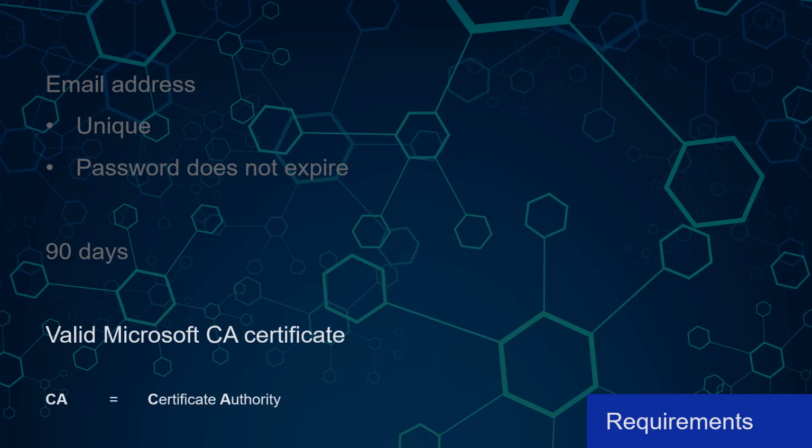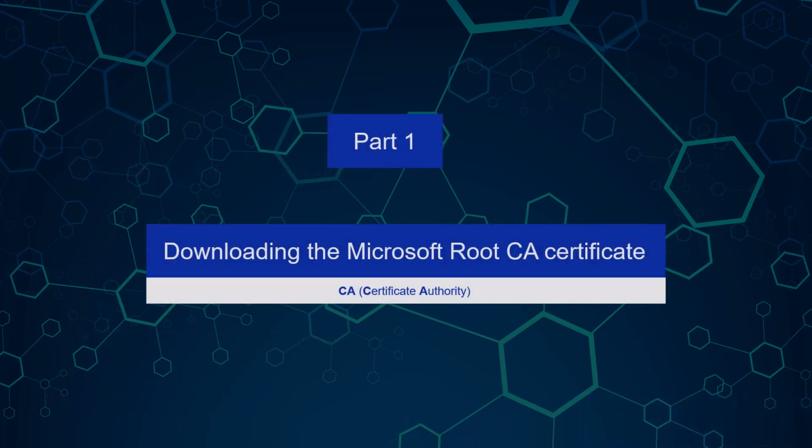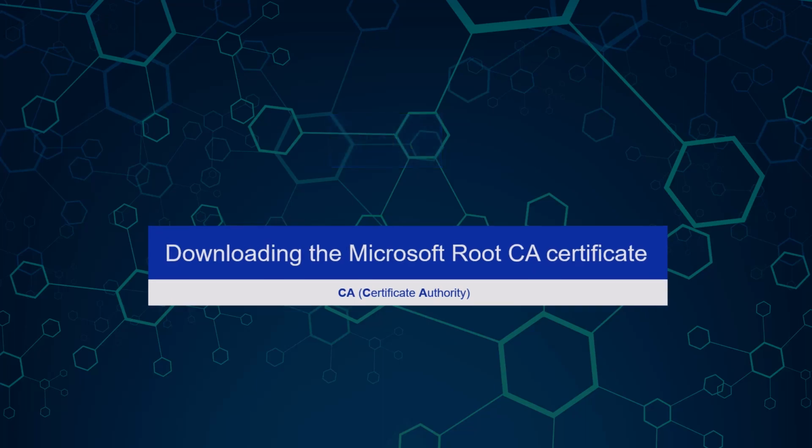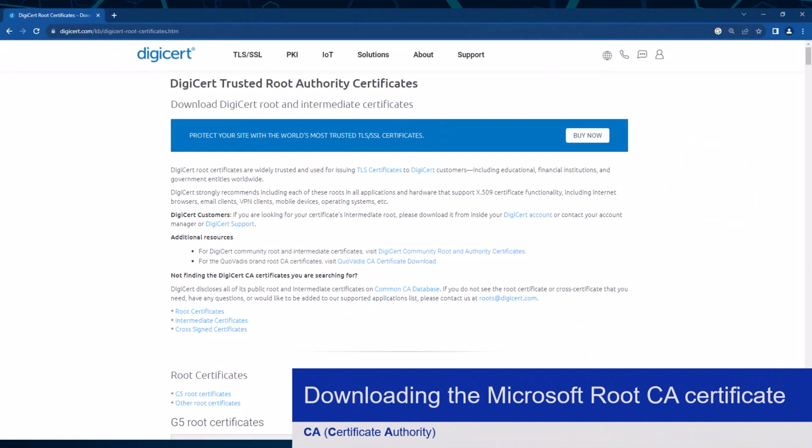The CA certificate, which I will go on to explain more about in the next part of this video, also needs to be valid. In other words, it has not expired. Let's get started by downloading the Microsoft Root CA certificate from the following DigiCert website.